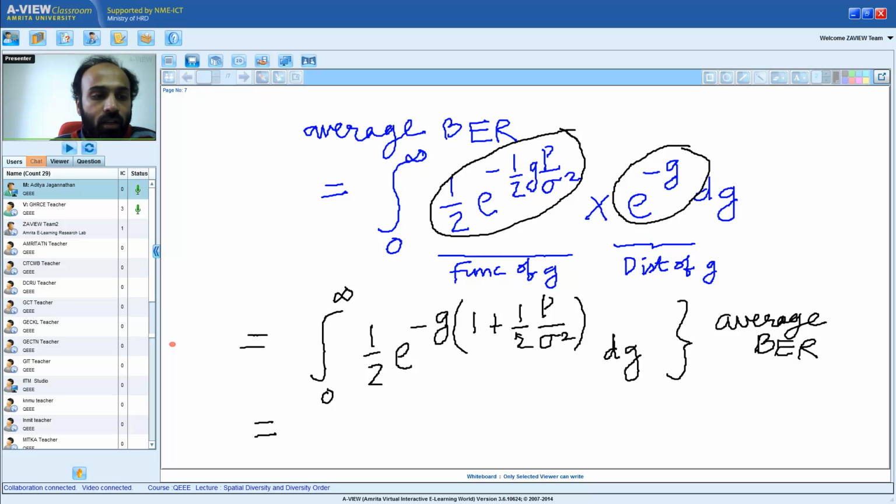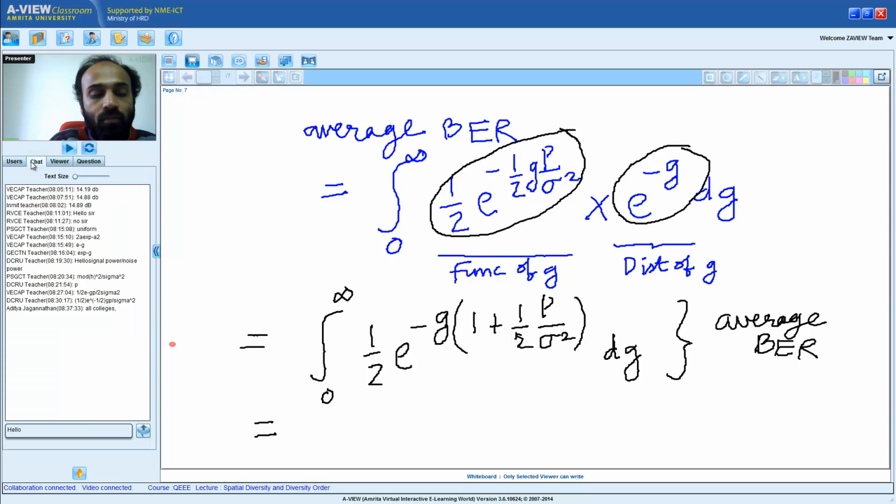Can you prompt me on chat, the messenger? So all colleges, please compute the value of the integral. This is a simple integral.